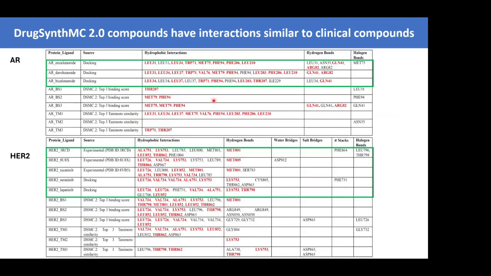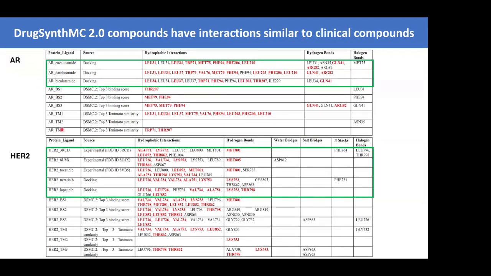Despite that, when we look at the residues on the protein that the clinical compound and our compound interact with, what we find is that a whole lot of these amino acids are the same. So here in the green box, you have the clinical compounds with the residues on the target protein they interact with. So here for AR, here for HER2.